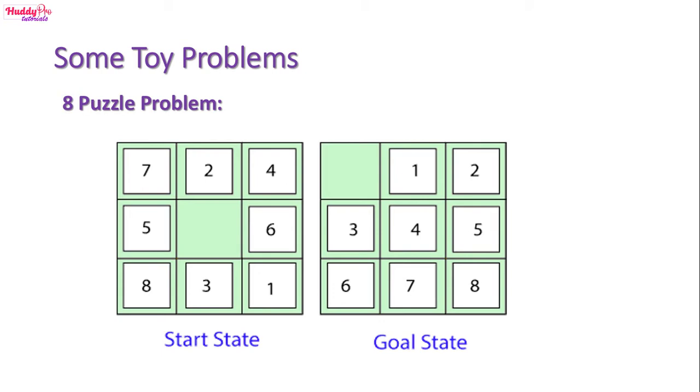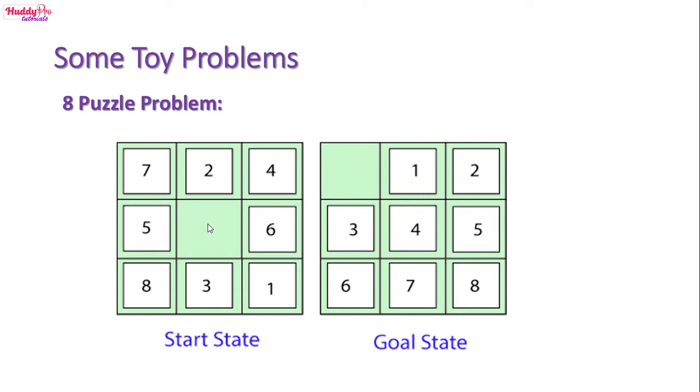So we have a 3x3 matrix, and this matrix has movable tiles. These are the tiles. They are 8, 1 to 8, and these movable tiles have in between them a space that is left blank.